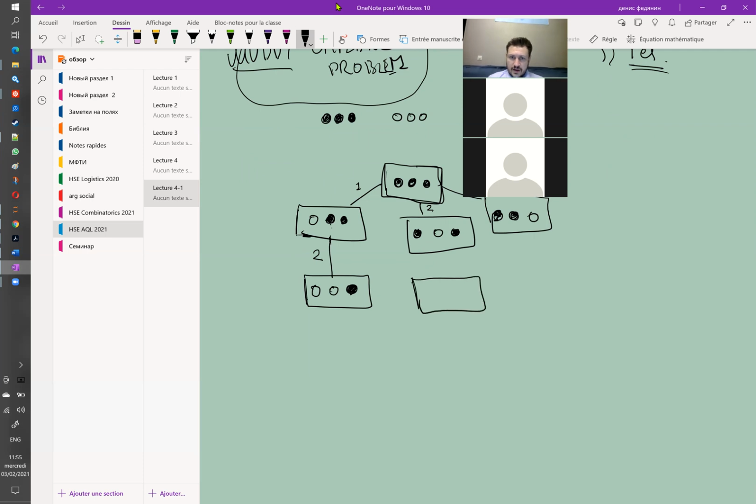Okay, and we can get the same world from this one. Agent one cannot distinguish these two, for the same reason. Okay. 3 here, 1, and here 2, and here we have 3.